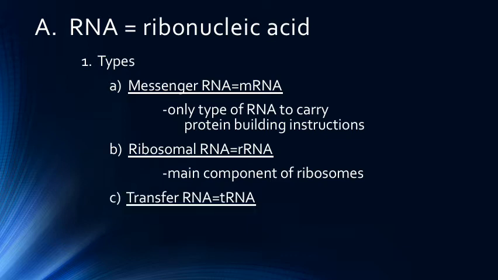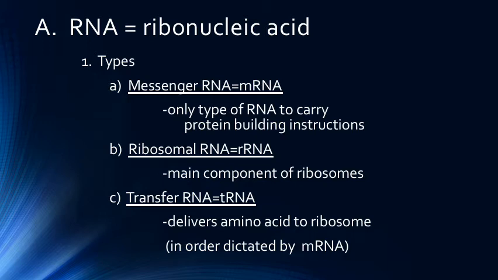Then we're also going to talk about the last type of RNA, called transfer RNA, or tRNA. And tRNA, as the name implies, delivers the amino acid to the ribosome. It transfers the amino acid to the ribosome.